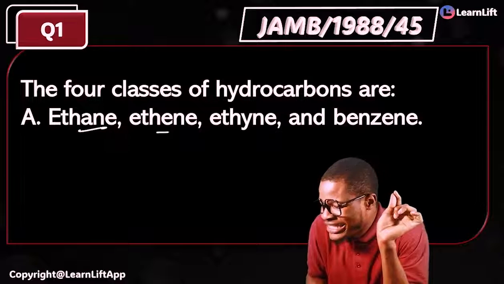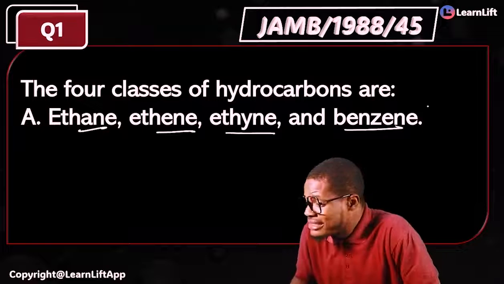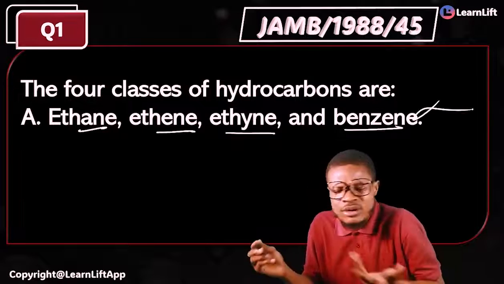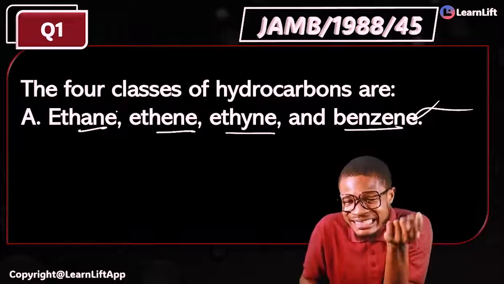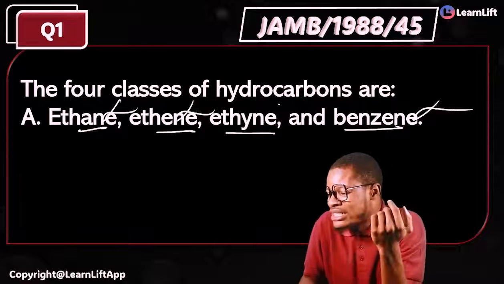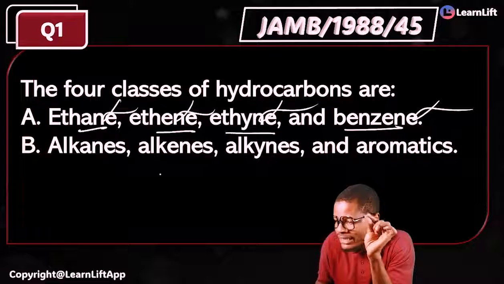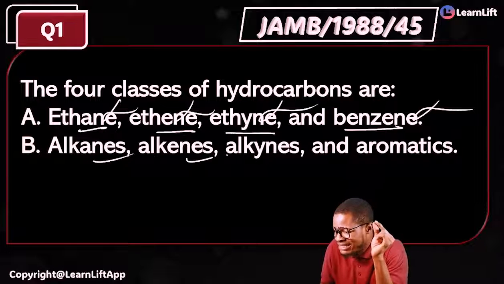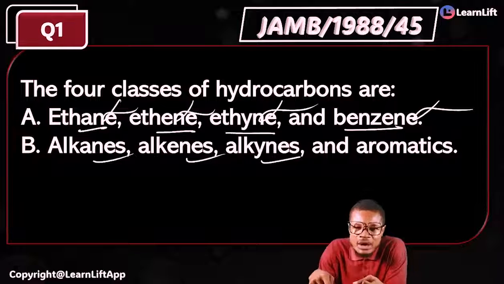Option A: ethane, ethene, benzene. Come with me first. Your benzene is an aromatic compound, so I cannot go with that. Your ethane is under alkane, ethene is under alkene, so that option cannot even be it. Option B says alkanes, alkenes, alkynes. You know, alkanes, alkenes, alkynes, where are they under?